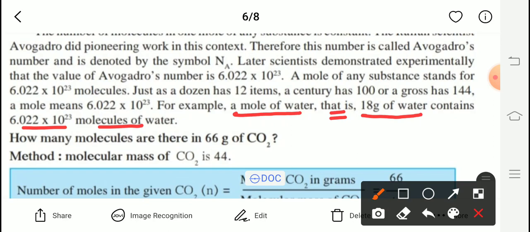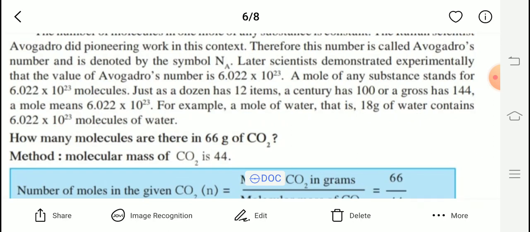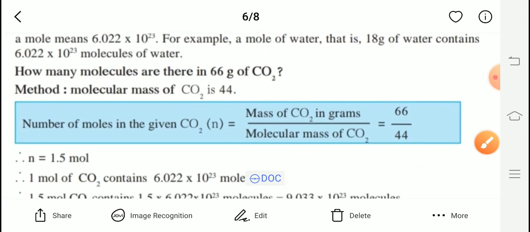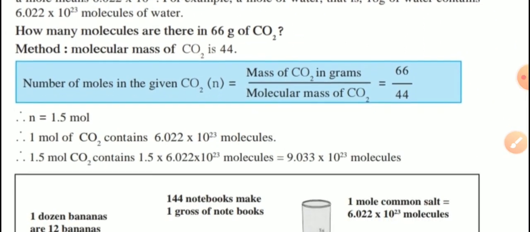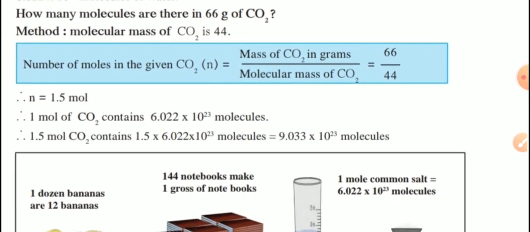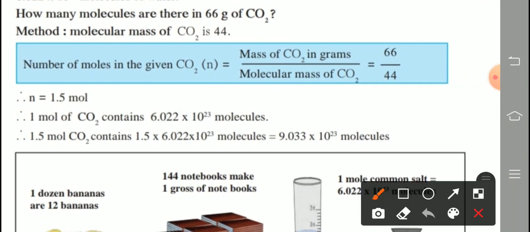All are getting it? Next, 2 to 3 mark questions are related to numerical problems. Check that. How many molecules are there in 66 gram of CO2? What is the name of CO2? Carbon dioxide.